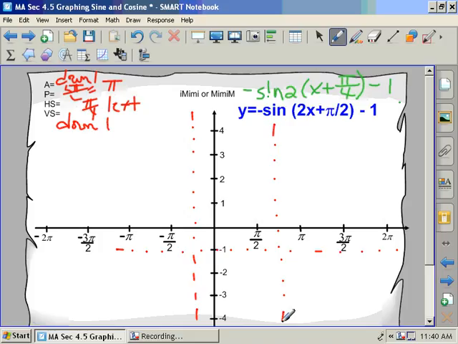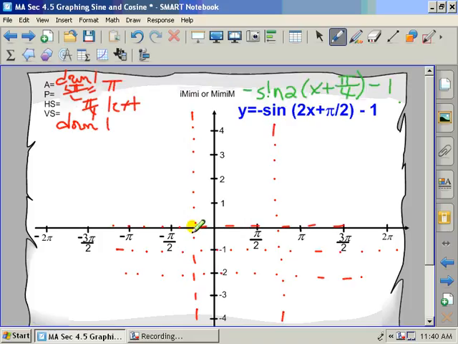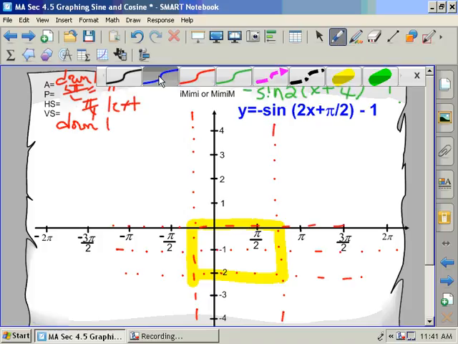So 1 up and 1 down from there: the x-axis is the top, and then -2 is the bottom. And I'm going to highlight this, it's going to be pretty wide here, but the frame is from here, there, there, and there. There's one frame. So in that one frame, we're going to put one period.